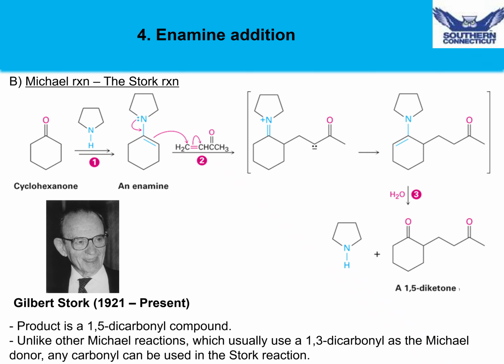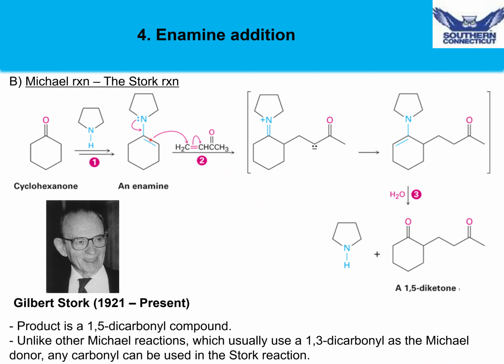And we often refer to an enamine Michael reaction as the Stork reaction. So here's an example. If we start off with cyclohexanone and we add this cyclic secondary amine, we will form the enamine that you see here. So the nitrogen attaches where the carbonyl is, you get an enamine out of it.